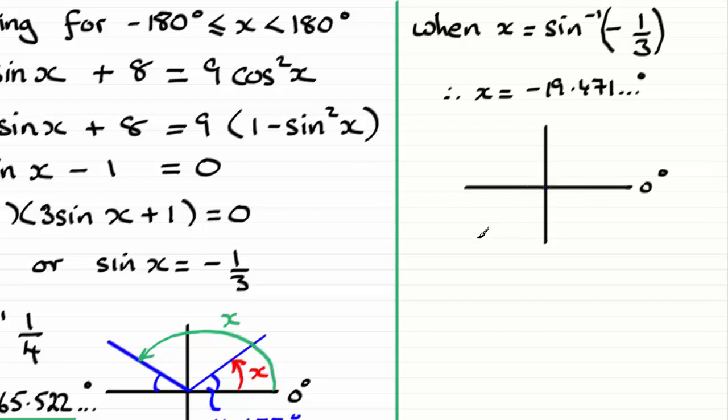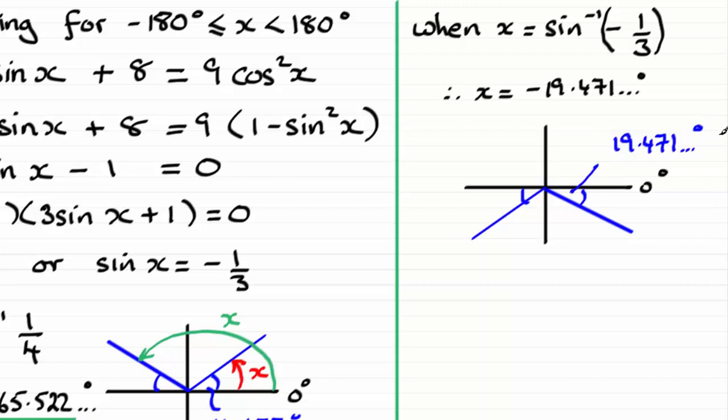So if I was to draw two lines equally inclined to the horizontal line here, then we find that that negative angle is a turn in this direction. Its magnitude, let's just mark that in, is 19.471 degrees and so on.